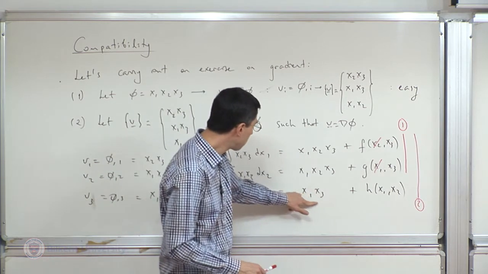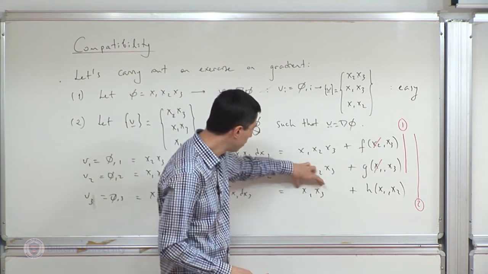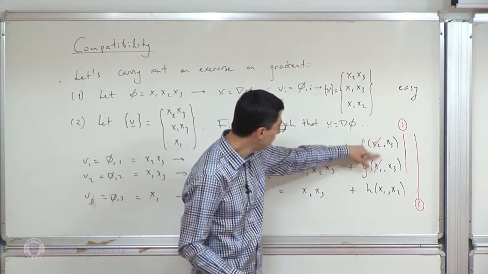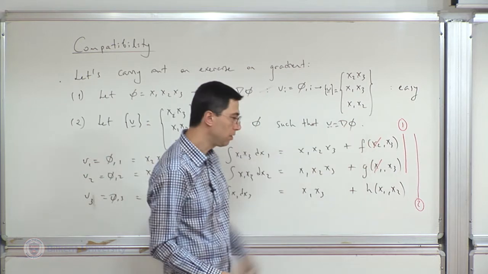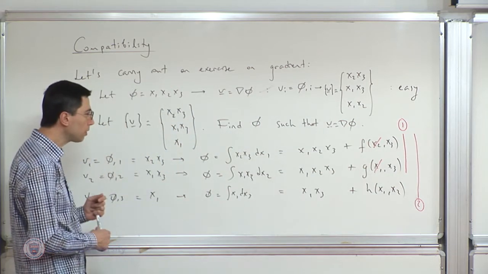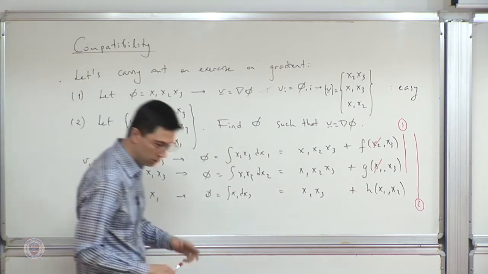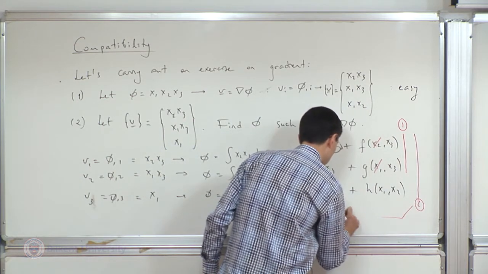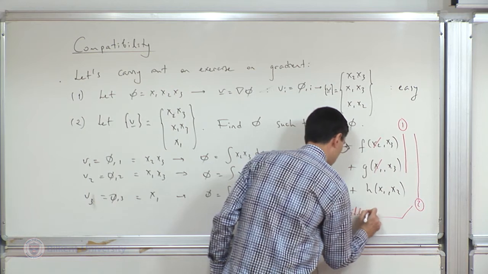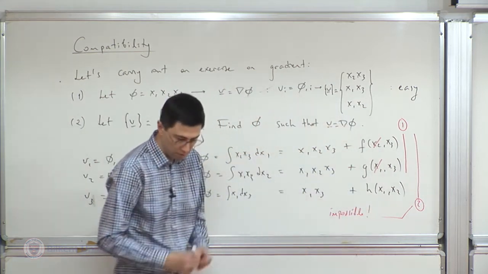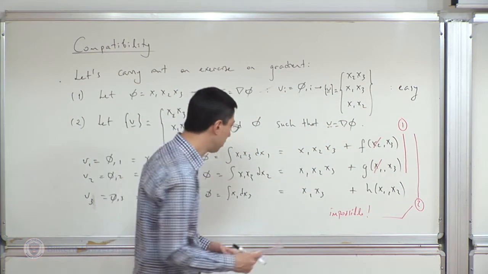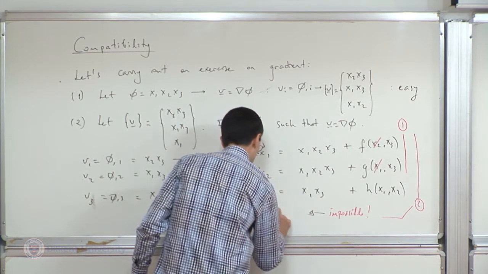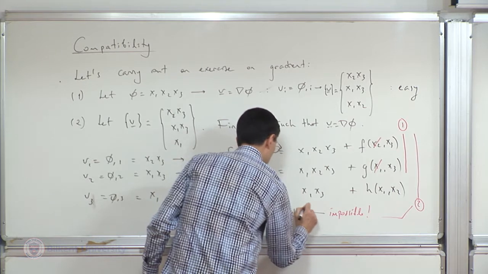So even from the presence of x1 and x3 here, just these two terms violate everything, because x1 cannot appear in these functions. Okay. So that is the conclusion, that it's impossible to find such a function. Okay. There is no such phi.